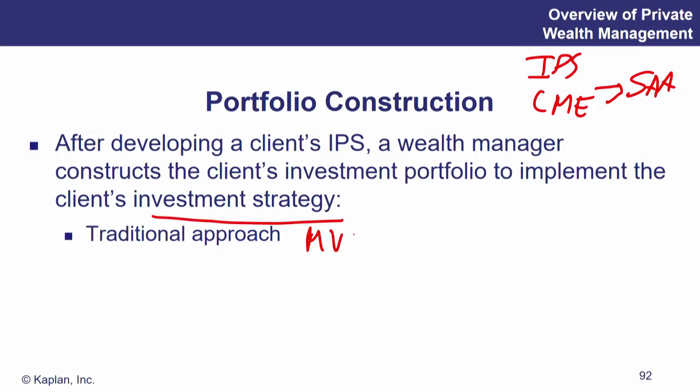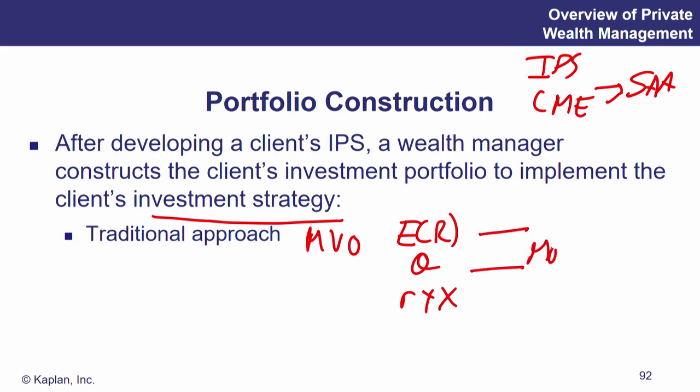It's all about mean variance optimization. So you give me an expected return, you give me a standard deviation, you give me a correlation. I can put all these things in a mean variance optimizer, and then it spits out this asset allocation. And everything's great, it's efficient, high risk adjusted returns. It's wonderful.